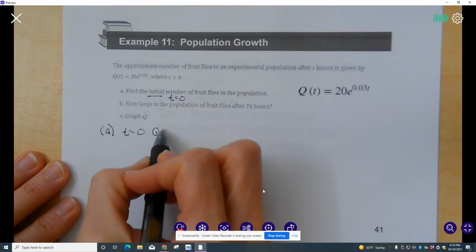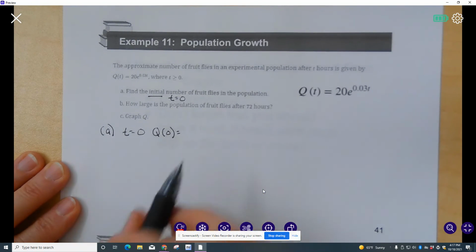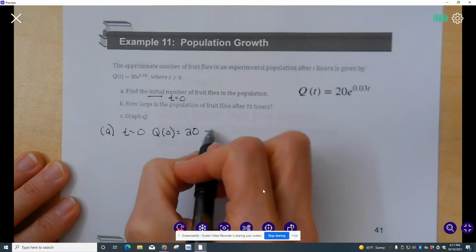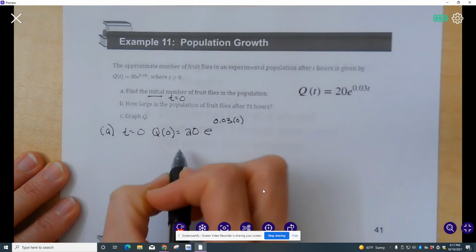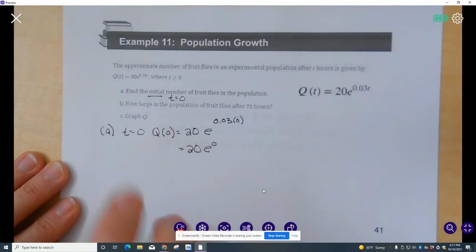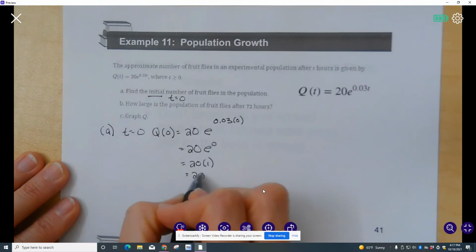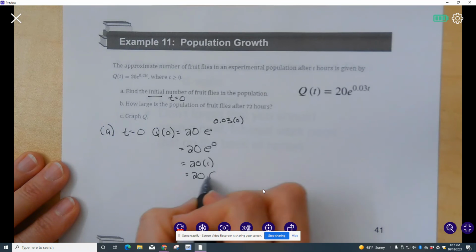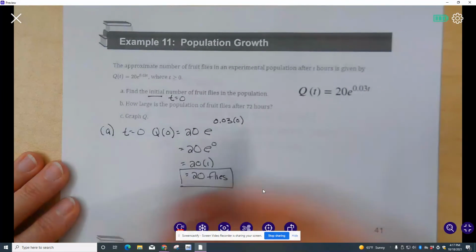So I'm finding Q of 0, which means I'm replacing t with 0. So I'm going to get 20 e to the 0.03 times 0. That's going to be 20 times e to the 0. Anything to the 0 is 1, so that's going to be 20 times 1, or 20. So they started out with 20 fruit flies.